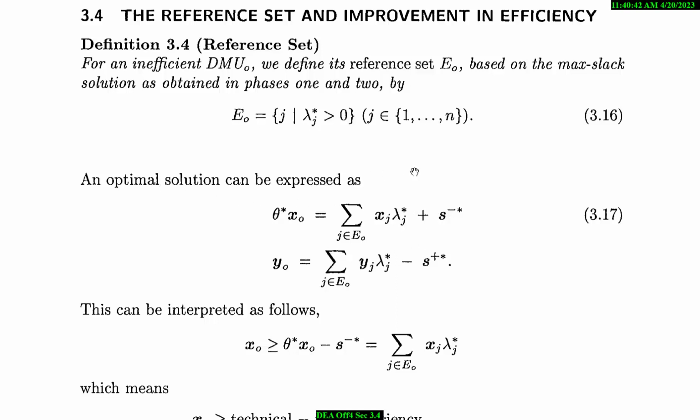Since each optimal solution is feasible, if you put this optimal solution in the constraints, we have theta star xo is equal to the summation of xj lambda j star, j from 1 to n, but since only the j's that belong to EO have lambda j positive, the others being 0, we can write instead of j from 1 to n, the summation of xj lambda j star, j belongs to EO, and this is plus s minus star.